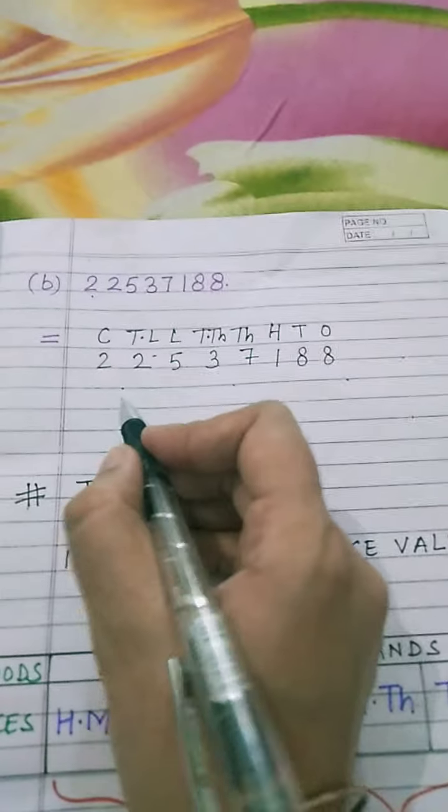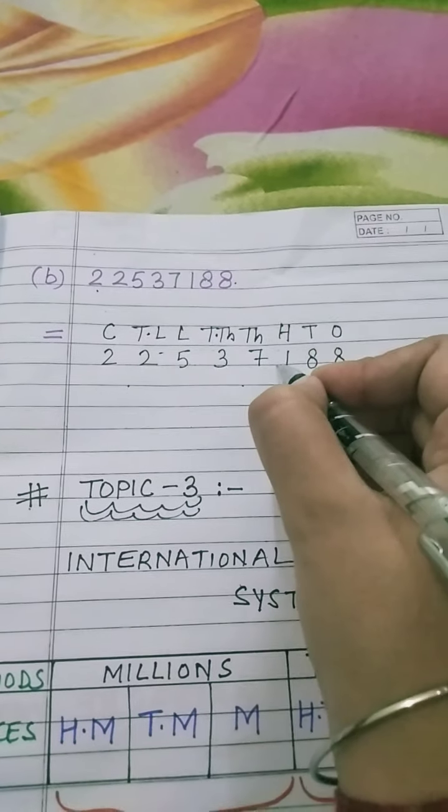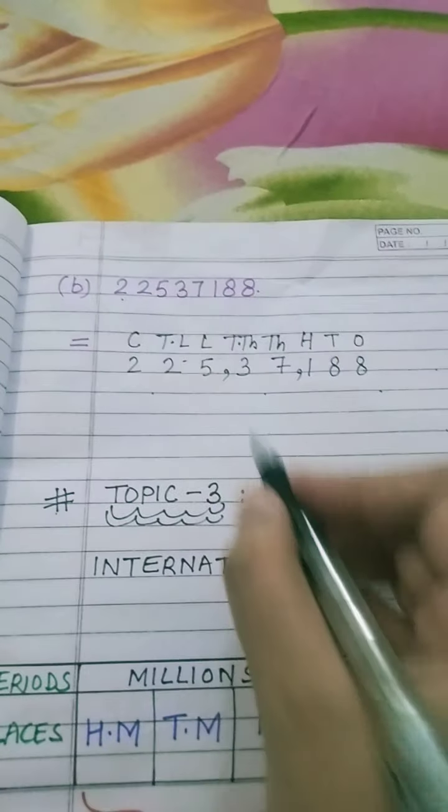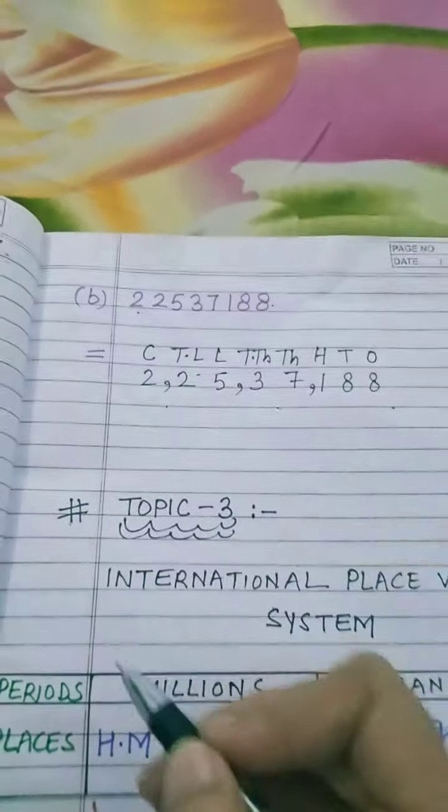Now we'll put the commas. First comma is after ones period, then the second comma after thousand period, then third comma after lakh period.